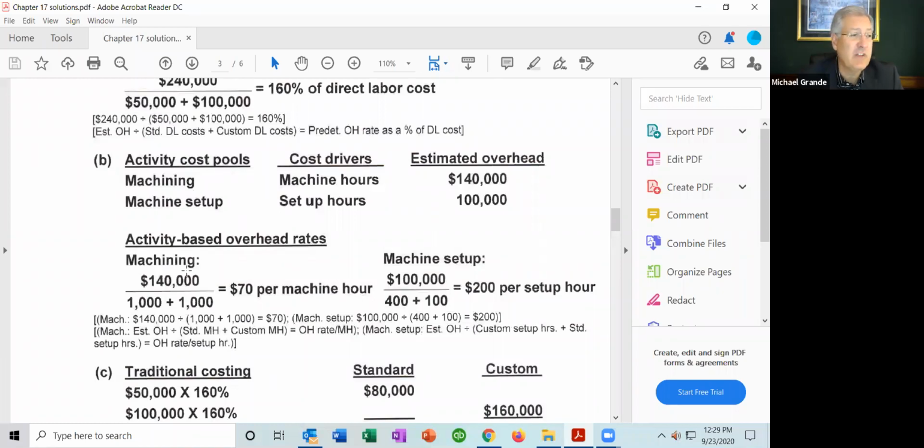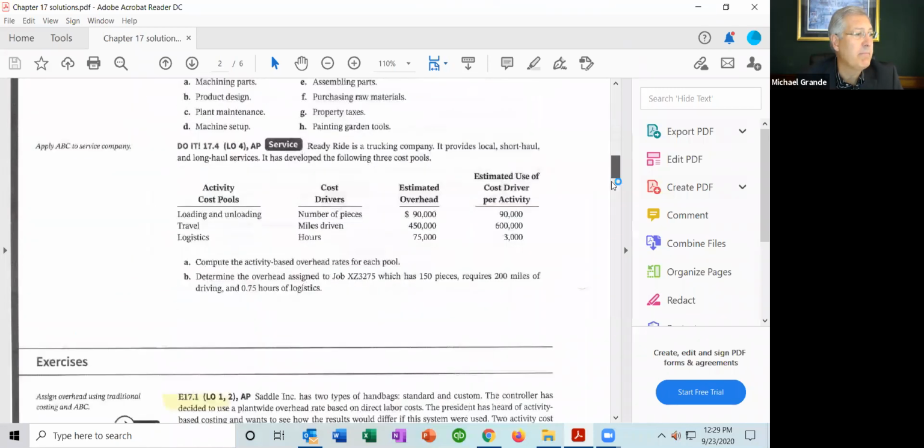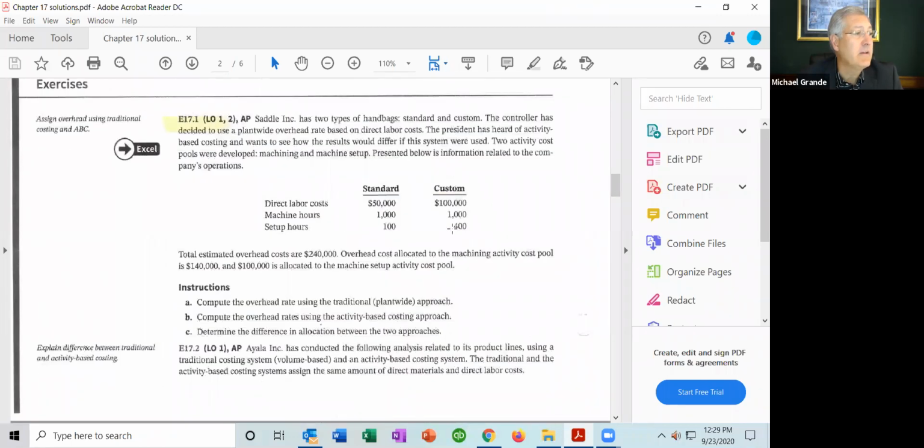Let's look at machine setups. So let's go back and look at where that number comes from. The cost associated with machine setups, from down here, is $100,000 allocated to machine setup activity, that cost pool. How many machine setups do we have?